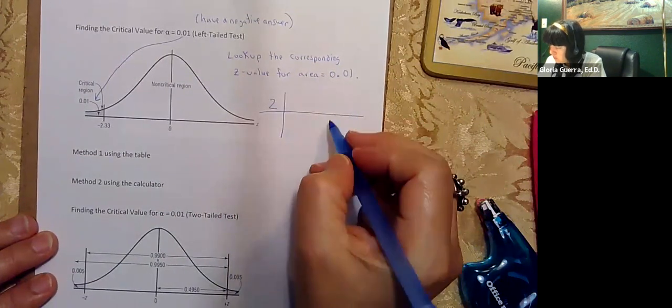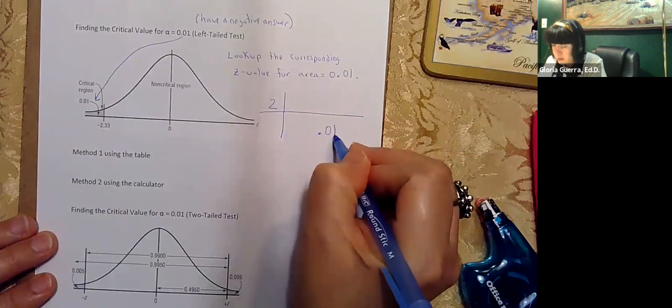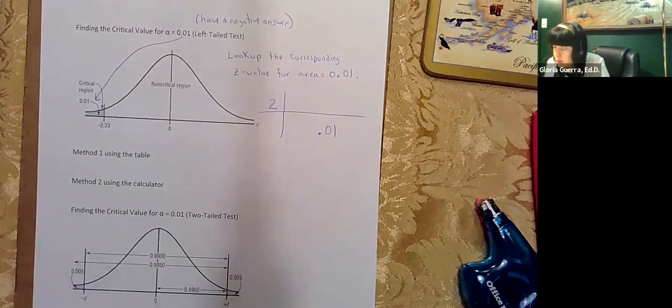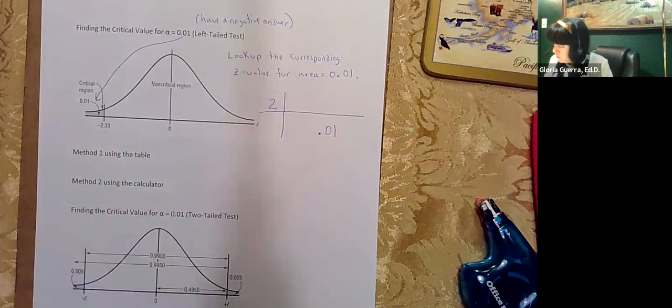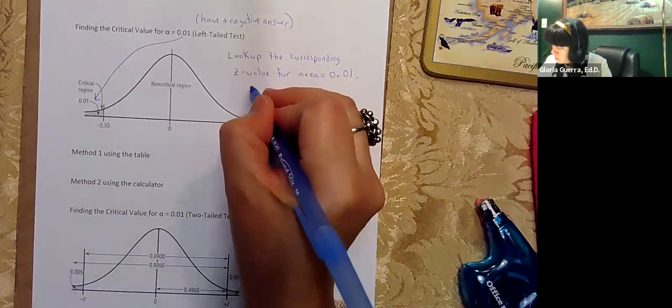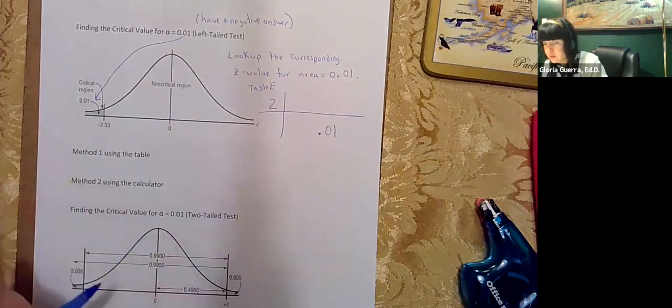And so we're looking up the area 0.01. Okay. And we're on the negative side. So when I get that table again, that table E, and I'm on the negative side and I'm looking for 0.01.